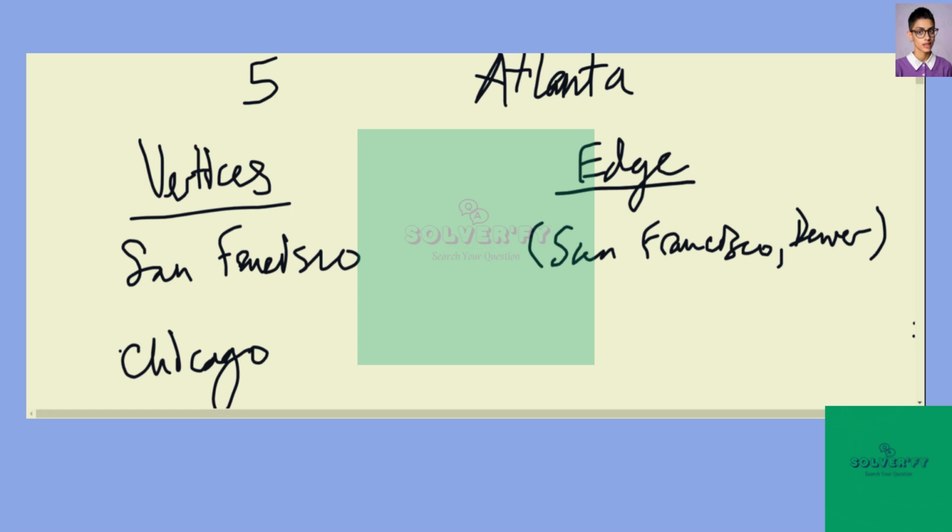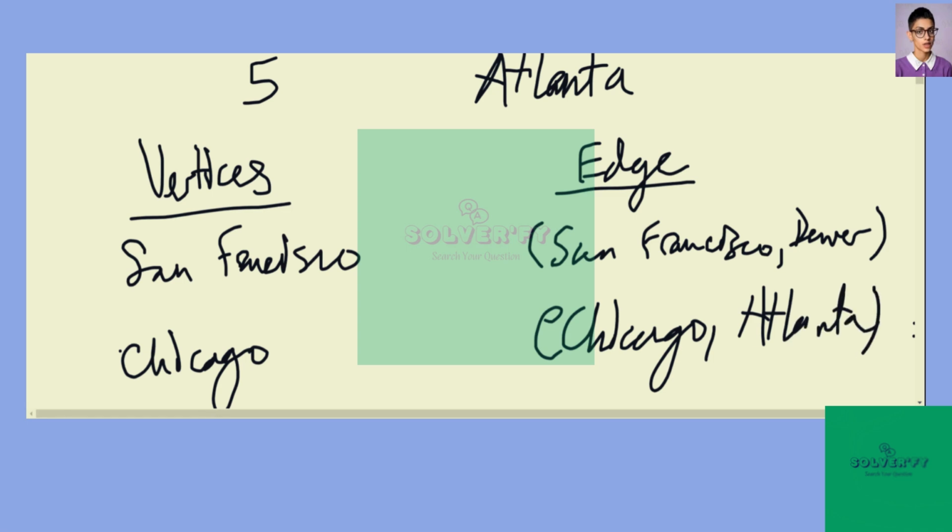And then for Chicago, the edge incident to Chicago with the smallest weight is Chicago-Atlanta with the weight of 700. For New York, the edge incident to New York with the smallest weight is New York-Atlanta with a weight of 800.